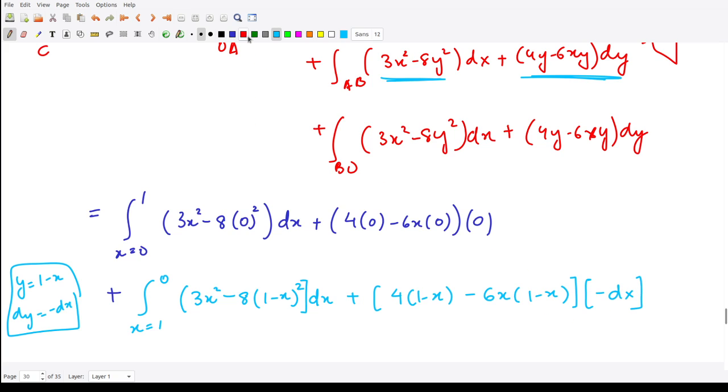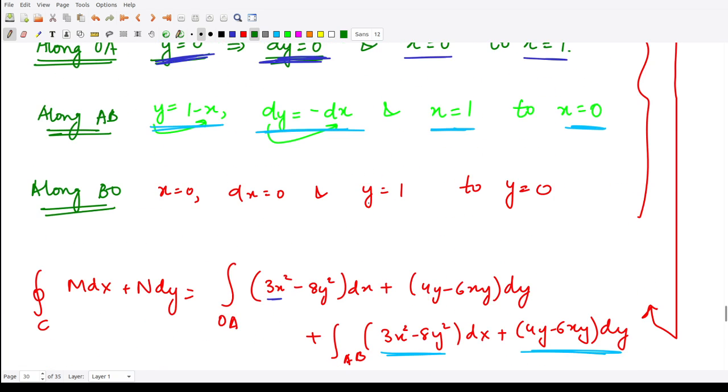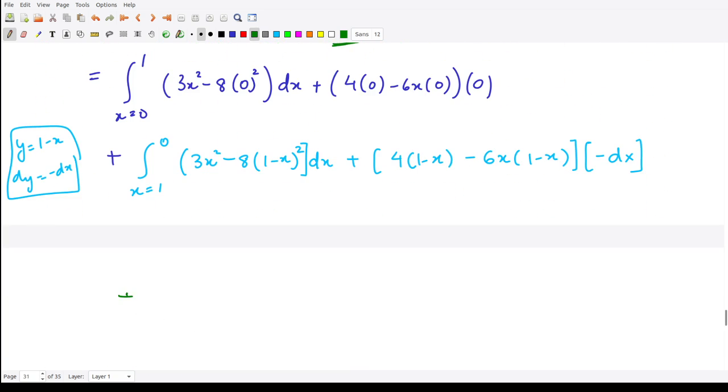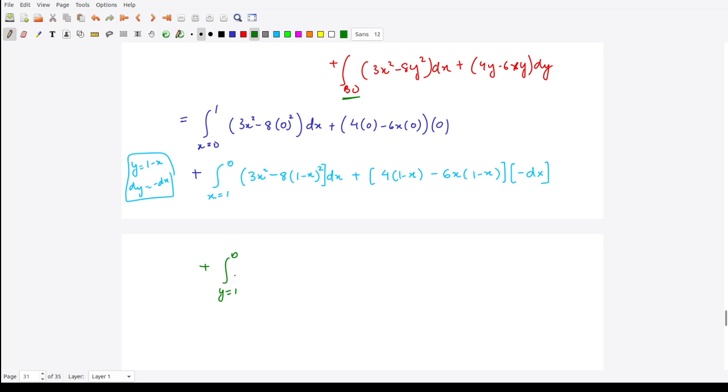And for the third case, for the case of BO, we have y varying from 1 to 0, dx and x as 0. So we have y varying from 1 to 0, and instead of the function values 3x square, we have 3 into 0 square minus 8 y square into 0 plus 4 into y minus 6 into 0 into y dy.